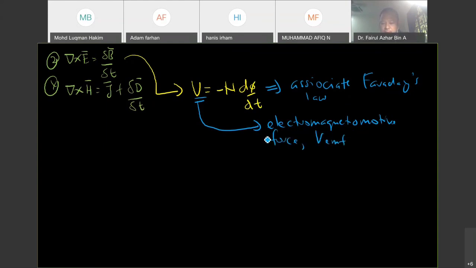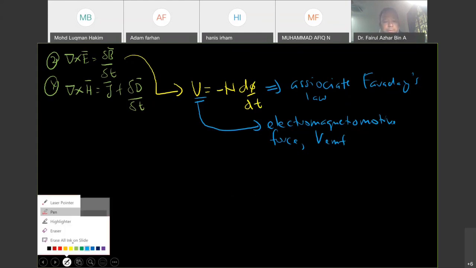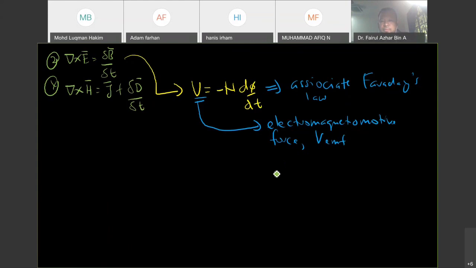Okay, and basically we have two kinds of EMF. First we call it V transformer EMF, and we have another one, V motional EMF. Okay, so the summation of these two EMFs is equal to the V EMF, like what we have here.